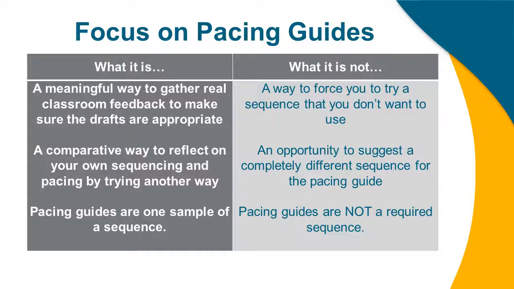Teams who teach classes for which there is no draft pacing guide, like photography, digital art, or 3D art, are welcome to adapt this approach to create a pacing guide for themselves and to provide a draft to the Fine Arts Office.